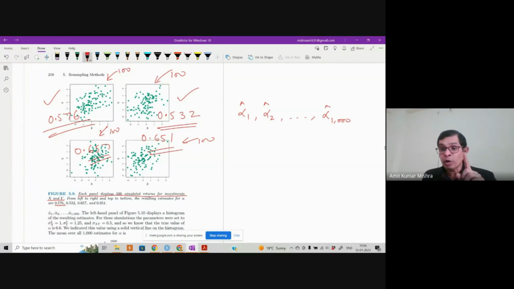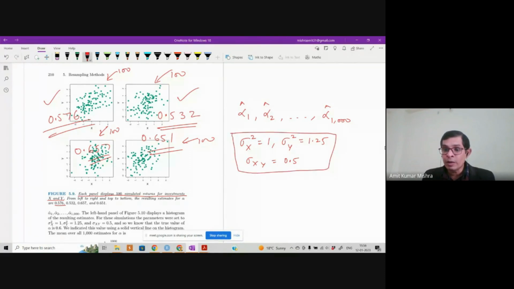Remember that from the simulated data, you know everything. So in this case, sigma x square is fixed as 1, sigma y square is fixed as 1.25, sigma xy is fixed as 0.5. That means from a population where the variance of x is 1, the variance of y is 1.25 and the covariance is 0.5, we know the population.